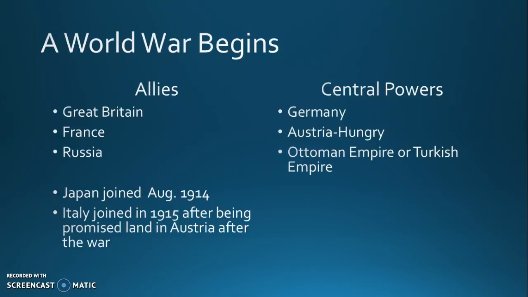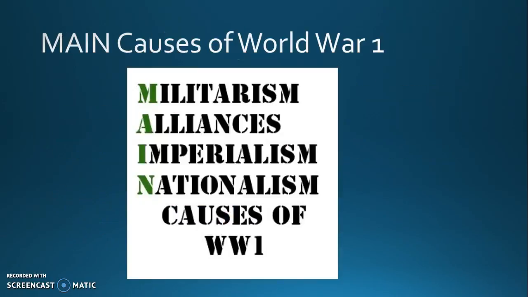The three allies were Great Britain, France, and Russia, and the Central Powers were Germany, Austria-Hungary, and the Ottoman Empire or the Turkish Empire. So to help you remember the main causes of World War I, they spell out MAIN. So the M is the militarism, which is where they were building up the military.